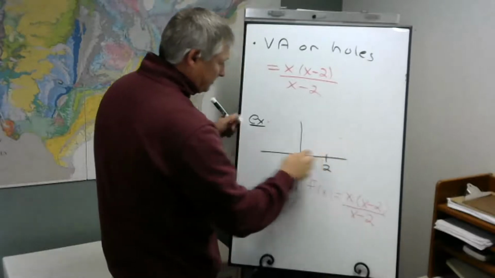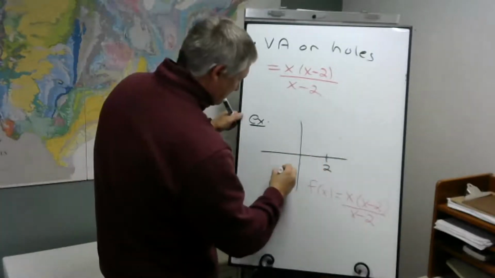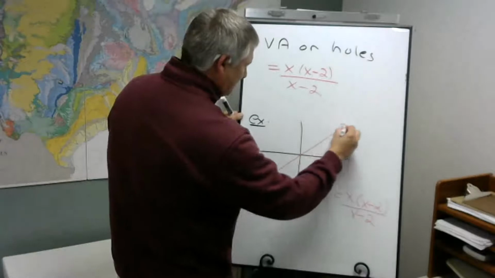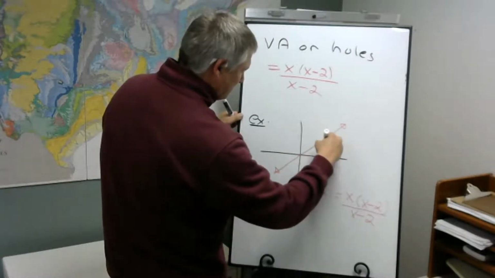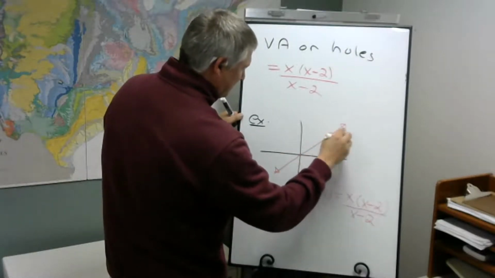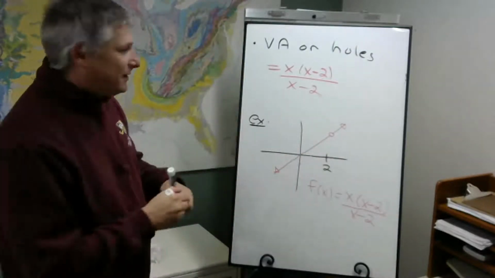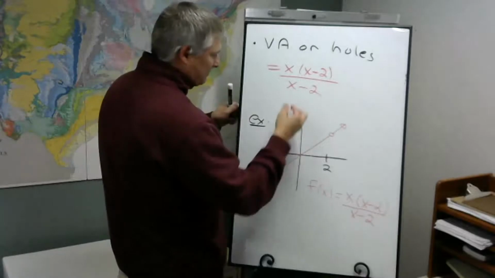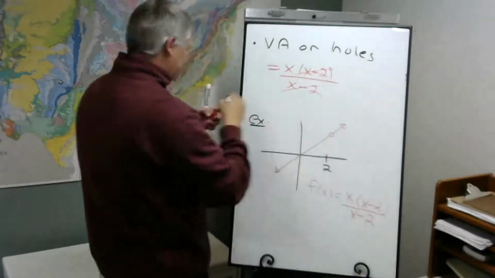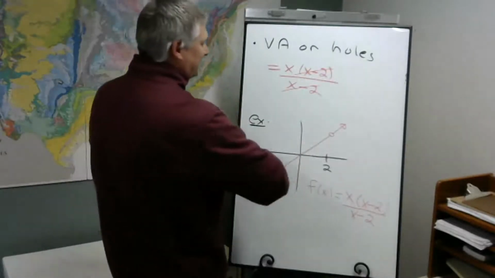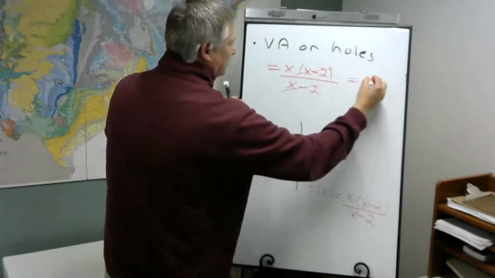What this would actually look like is more like this. There we go. There's an accurate representation. And this is why it is. When you cancel these, you just get x.